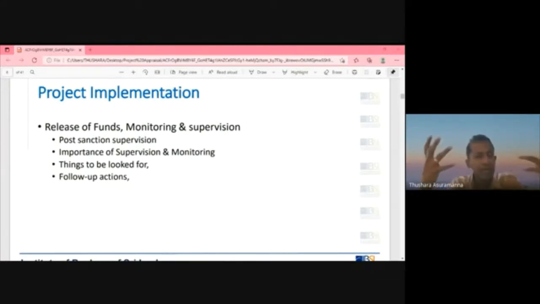So various reasons could impact the project progress. Then what you could do is renegotiate the terms and conditions, the timelines, and agree with the client on the new timelines, new milestones. And then you try to follow up with the new schedule.